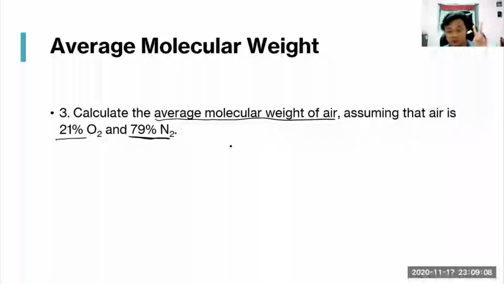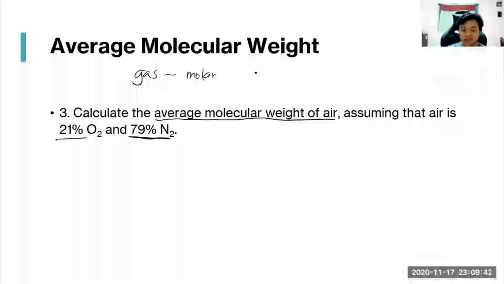You have the molar basis and then you have the mass basis, but how do you distinguish between the two, or what will you use? If you are given gas percentages, so for example here we are given 21% and 79%, but we don't know if it is molar basis or mass basis. So if it is gas, always assume that it is molar basis.